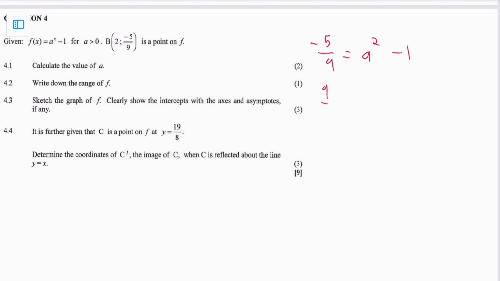And so then we can say 9 over 9. So we take this negative 1, add it to the other side. So 1 is the same as 9 over 9, equal to a squared.